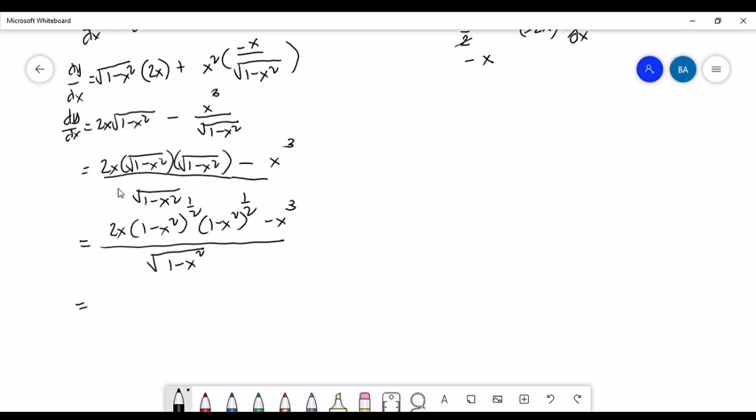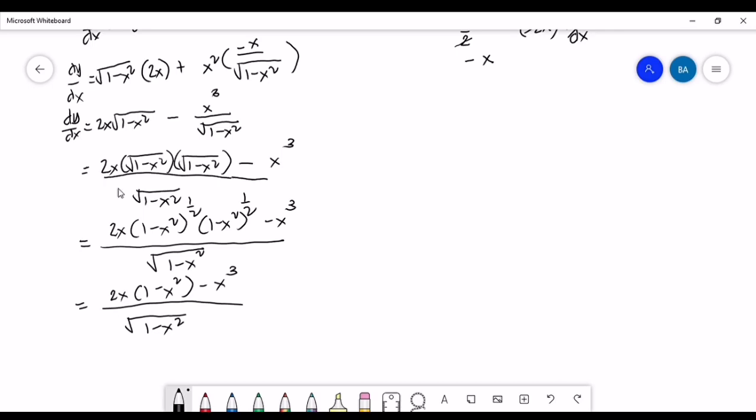Since they are the same base, 1 minus x squared, we can combine them: 1/2 plus 1/2 is equal to 1. So we have 2x times 1 minus x squared, minus x raised to 3, over the square root of 1 minus x squared.